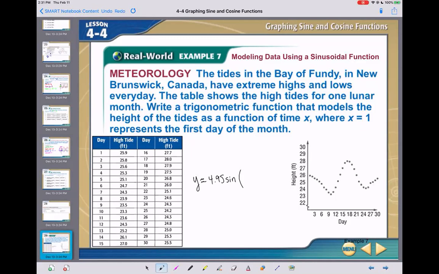My b is 0.11. My c was 1.65. And my d was 21.05.